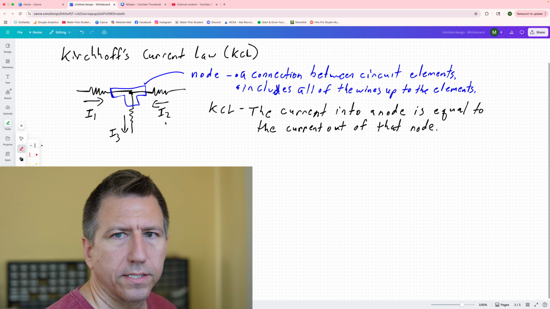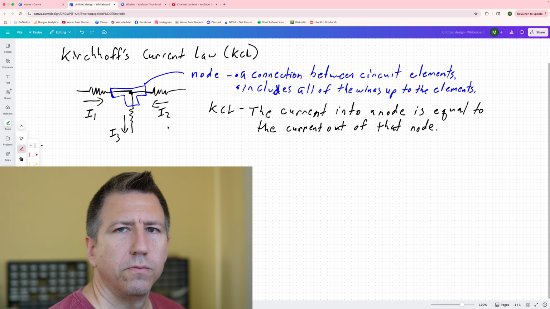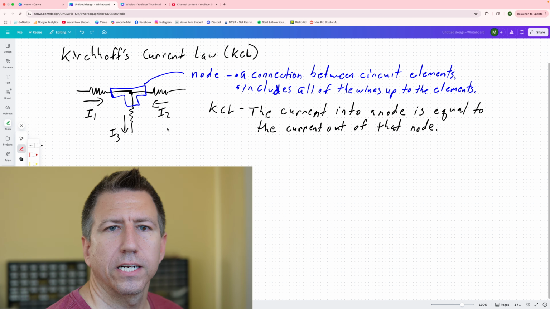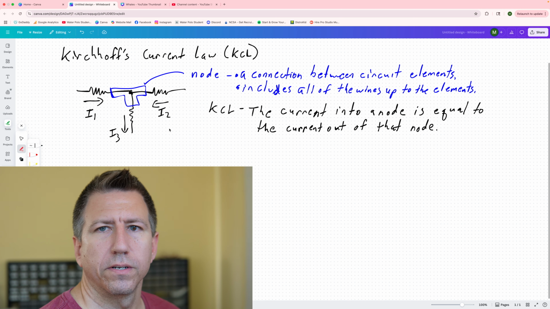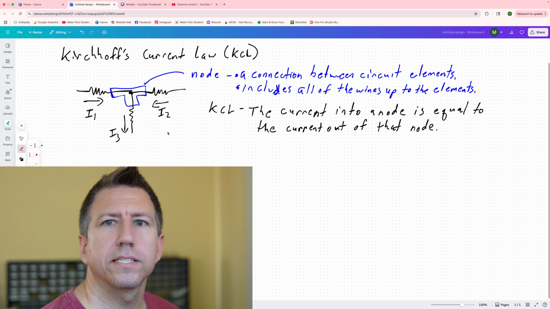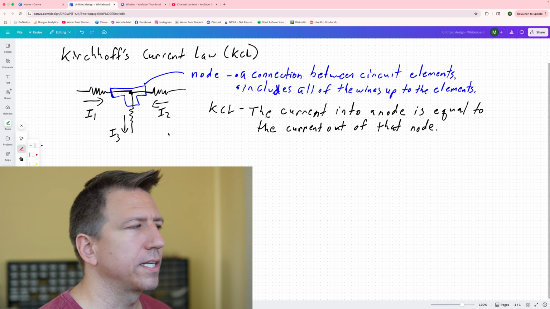When we give these things values, if it's a positive sign, then the direction of positive current is in the direction of the arrow. And if it has a negative sign, it means that the direction of the positive current is opposite the direction of the arrow. And it's okay to have positives and negatives in our answers and in our analysis, as long as we have those arrows drawn.